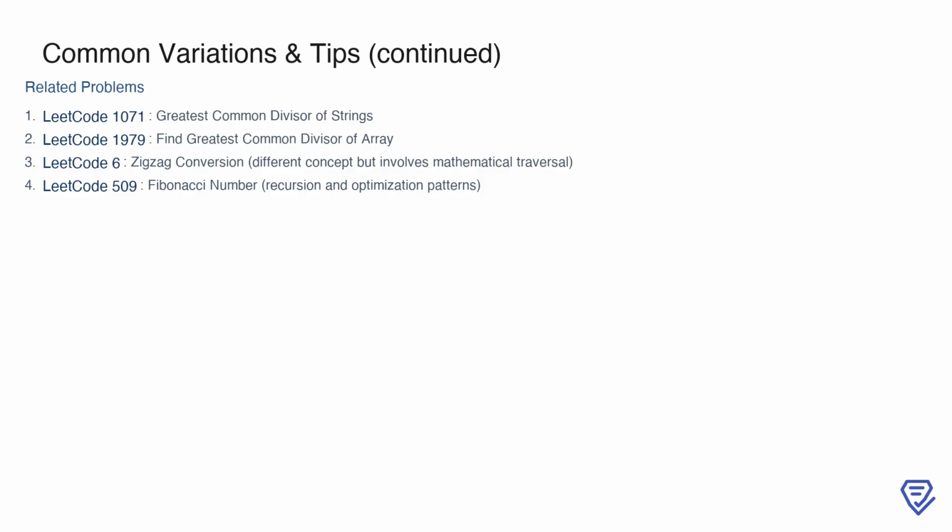While LeetCode 6, Zigzag Conversion, involves a different concept, it also emphasizes traversing data using mathematical patterns. Finally, LeetCode 509, Fibonacci Number, highlights the importance of recursion and optimization in problem solving. Exploring these problems can help you build a deeper understanding of mathematical techniques and their applications across various scenarios.